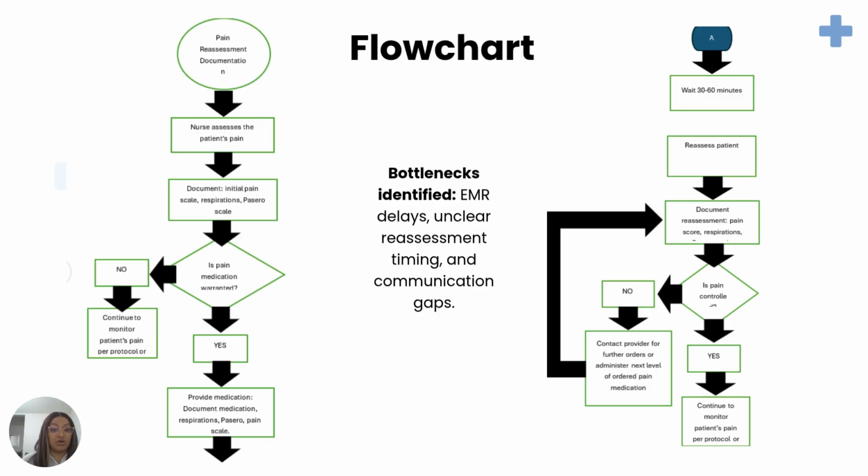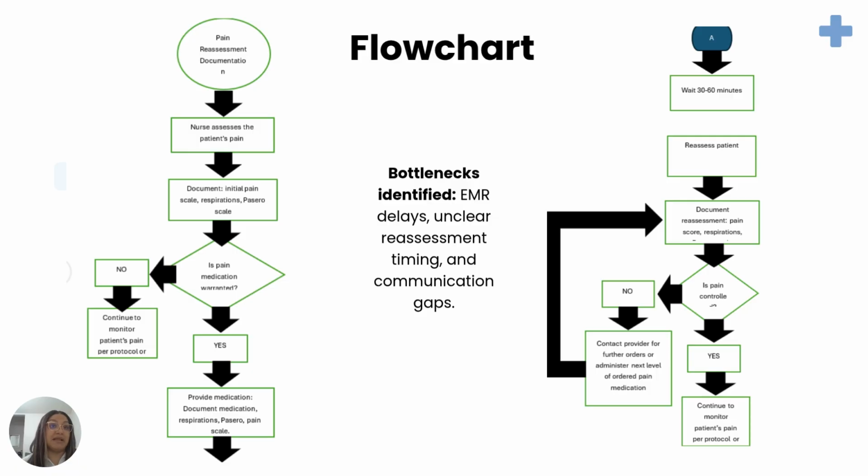This is a flow chart that represents the steps for pain reassessment documentation and pain assessment. So we're going to start with the nurse assessing the patient's pain. Once the nurse assesses the patient's pain, they document the initial pain scale, their respirations, and they use the Pasero scale to determine the patient's sedation.